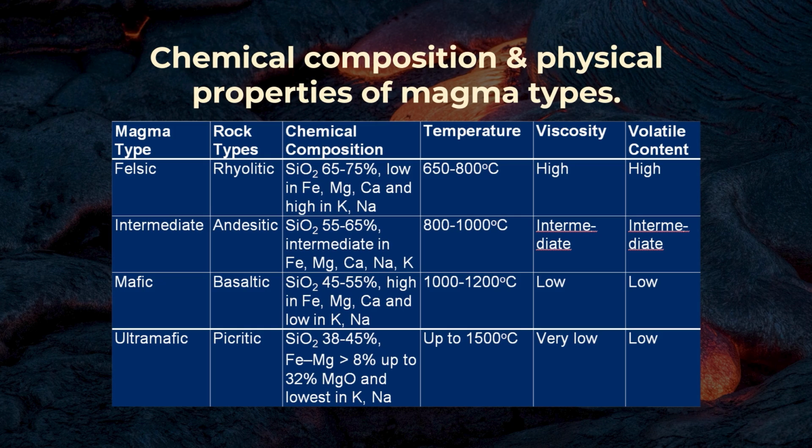And ultramafic, or picritic: the silica content ranges between 38 to 45%, with very high iron and magnesium, more than 8%, up to 32% magnesium, and low potassium and sodium. Its temperature is up to 1500 degrees centigrade, and viscosity and volatile content are very low.